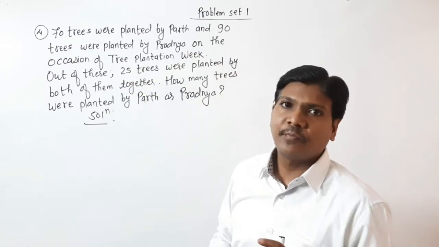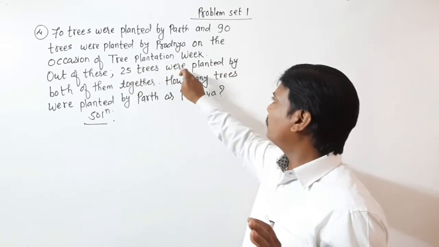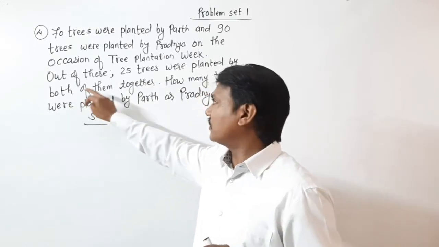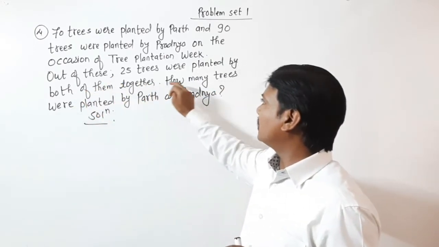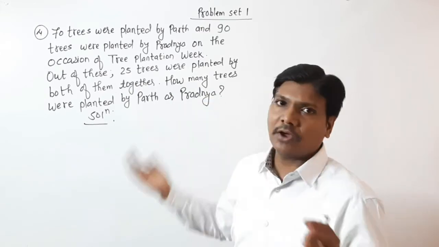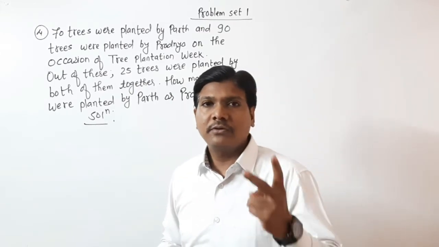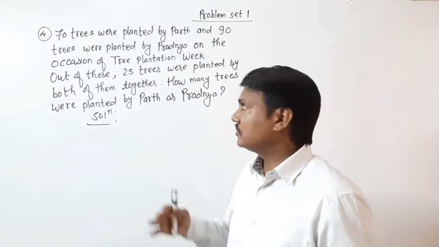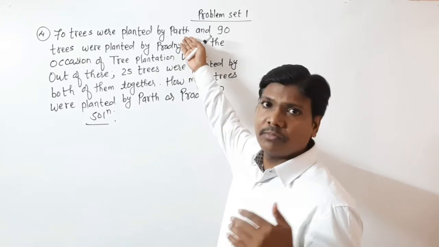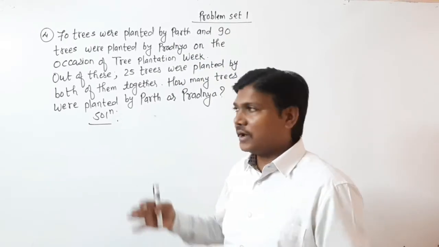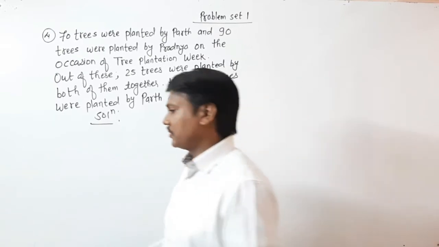Out of these, 25 trees were planted by both, meaning intersection, both of them together. Then how many trees were planted by Parth and Pragya? So here there are two things: trees planted by the first person, Parth, and trees planted by Pragya. So let's see its steps.